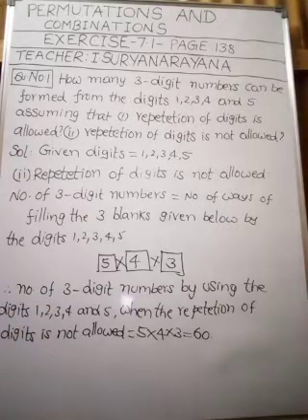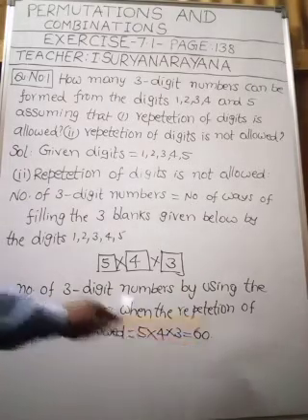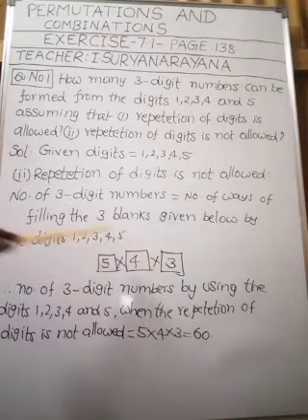So we can write only 60 three digit numbers by using these 5 digits.